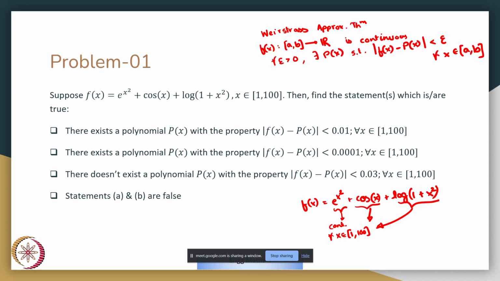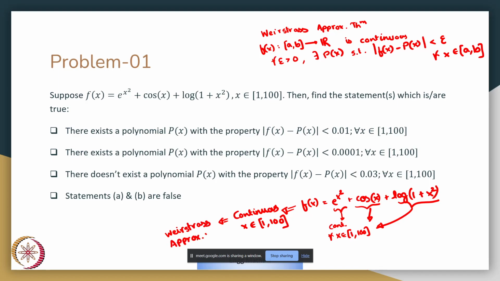With this in mind, we can clearly say that since all the three components which are added up to create the function f of x are continuous in the domain 1 to 100, f of x itself is continuous in the domain 1 to 100. Which implies that we can apply the Weierstrass approximation theorem.